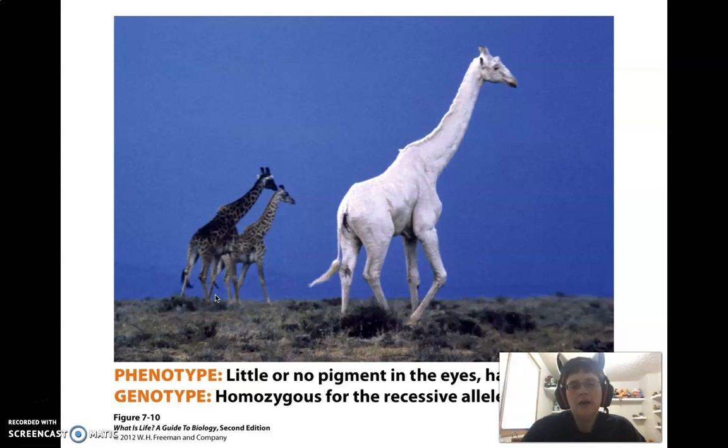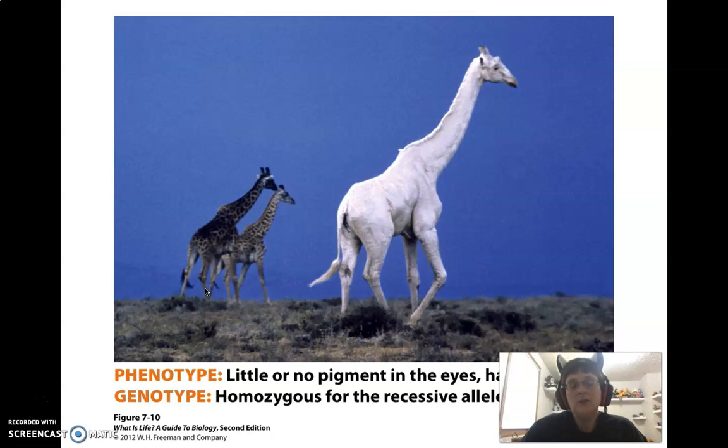But can we tell if they are homozygous dominant or heterozygous? Because we know that this giraffe up here is homozygous recessive for albinism. But can we tell if these giraffes back here carry the recessive gene for albinism? And the answer is no.